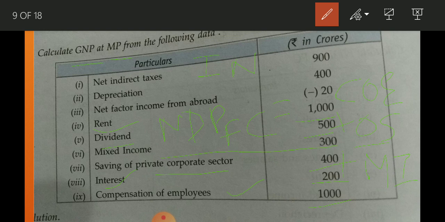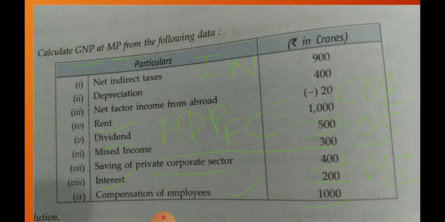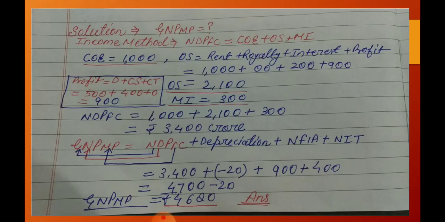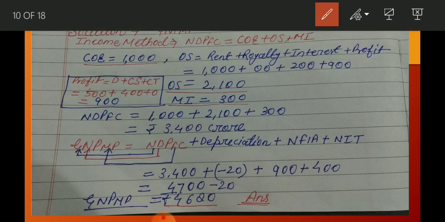So I think you have noted down this question. Now here is its solution. Whenever we use the income method, we get NDPFC, and that is the sum total of COE, OS, MI. In the question, the value of COE is given as 1000. For getting the value of operating surplus, we have to add rent, royalty, interest and profit.